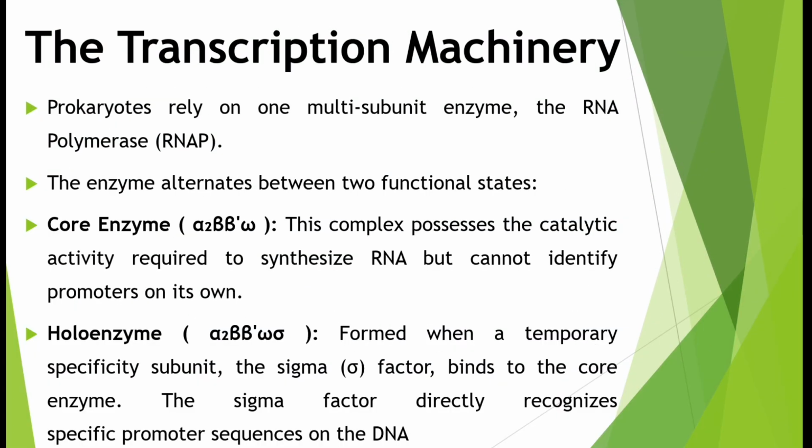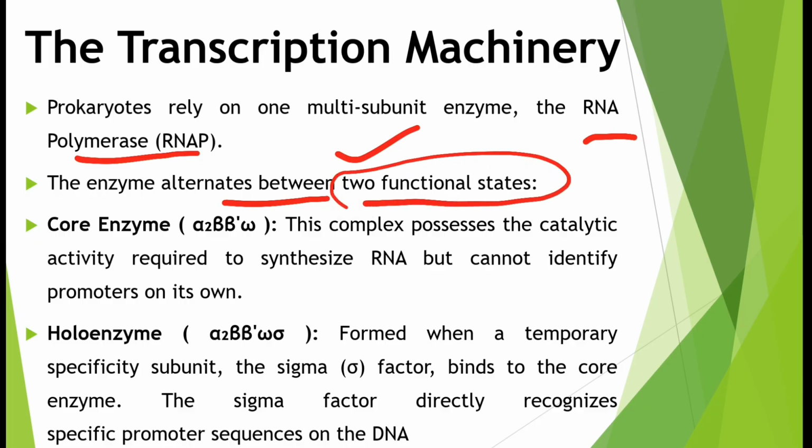At first, what are the machinery, what are the tools which are required for transcription? Prokaryotes depend on one multi-subunit enzyme, the RNA polymerase, with many subunits. The enzyme alternates between two functional states. One is the core enzyme. The core enzyme consists of alpha, beta, beta dash and omega.